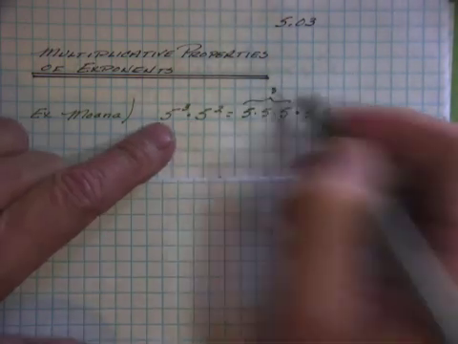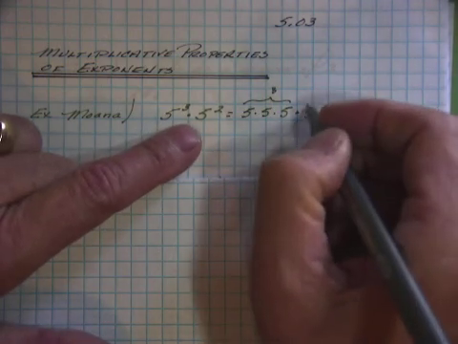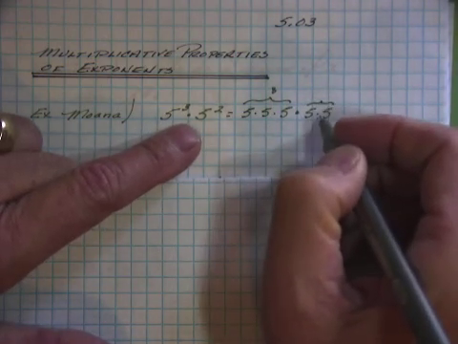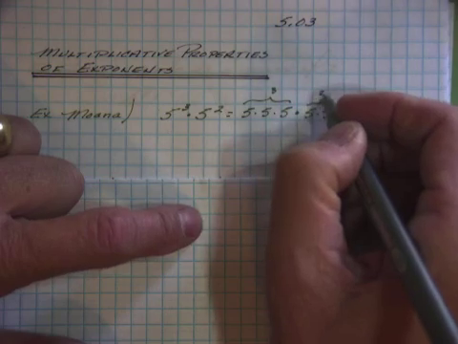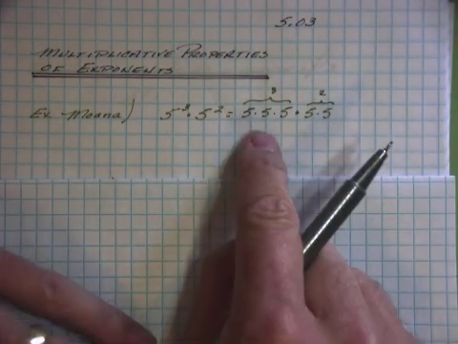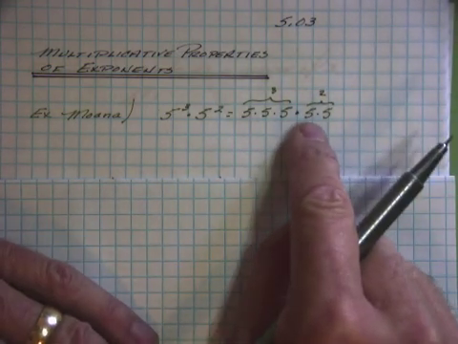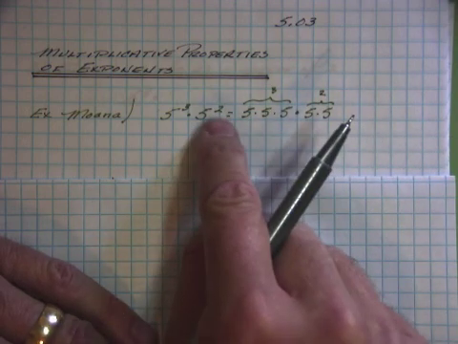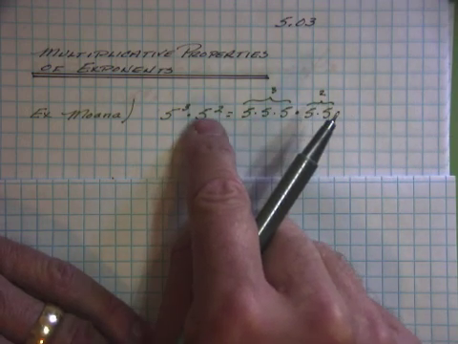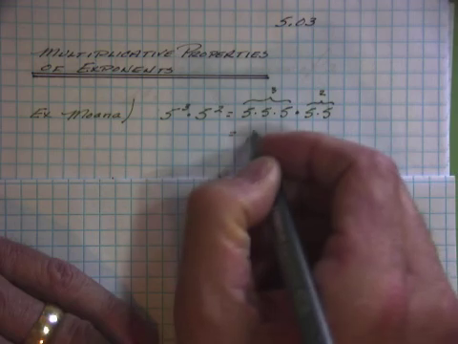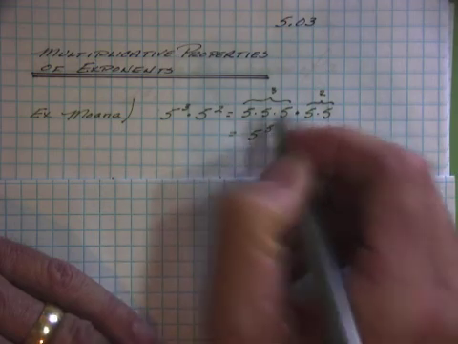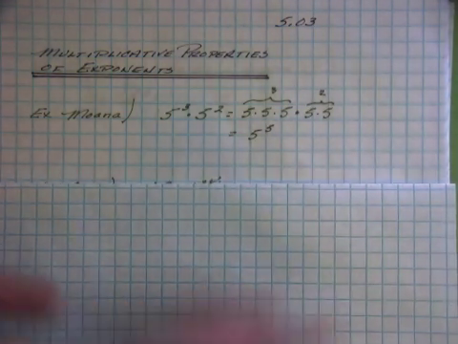You've got 3 5s in multiplication for the first term, and 2 for the second one. Now we have 5 5s, so I could replace 5 to the third times 5 to the second with 5 to the fifth.